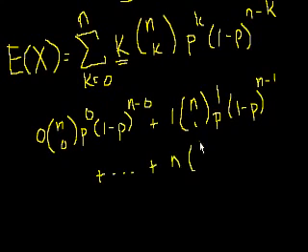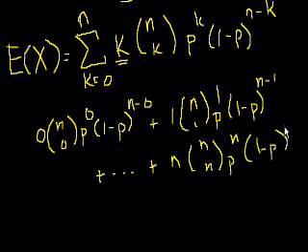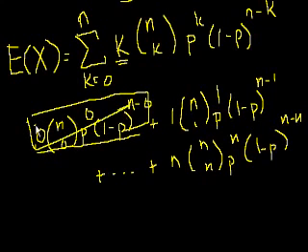So it'd be n times n choose n, times p to the n, times 1 minus p to the n minus n. Right? This is just another way of writing this sum up here. And what I just said is the first term is going to be equal to 0, because k is equal to 0. 0 times anything is 0. So we can ignore that term, and we can rewrite this sum as essentially this sum right here.